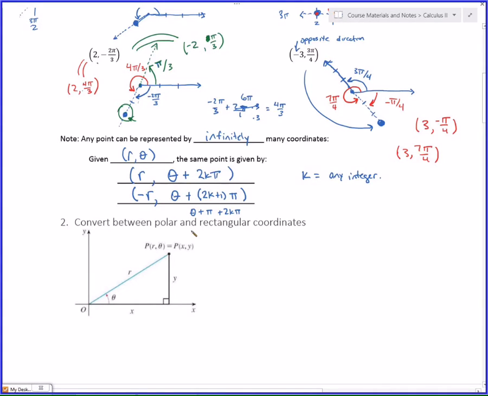The easiest way to see how you do that is to think of this as my point P right here. Let's assume we're on both the polar and the rectangular coordinate system at the exact same time. If I were on the polar, I would have drawn this horizontal positive x-axis. I would measure the rotation of this line that's going through that point. There's my theta. There's my r, which is the distance out to that.